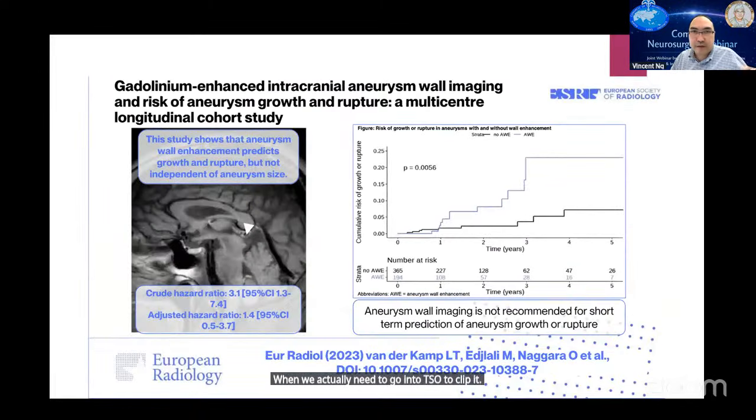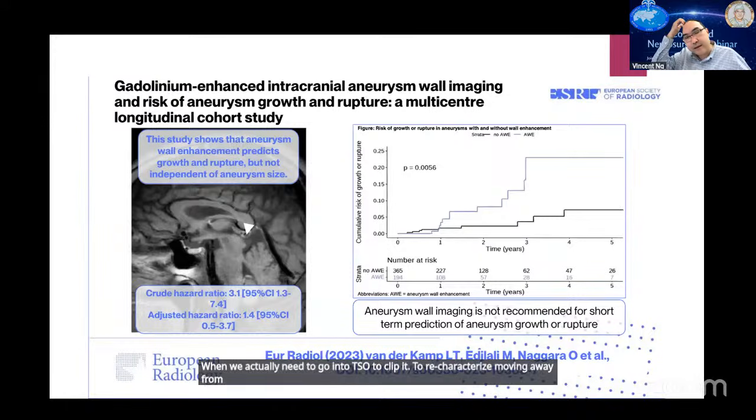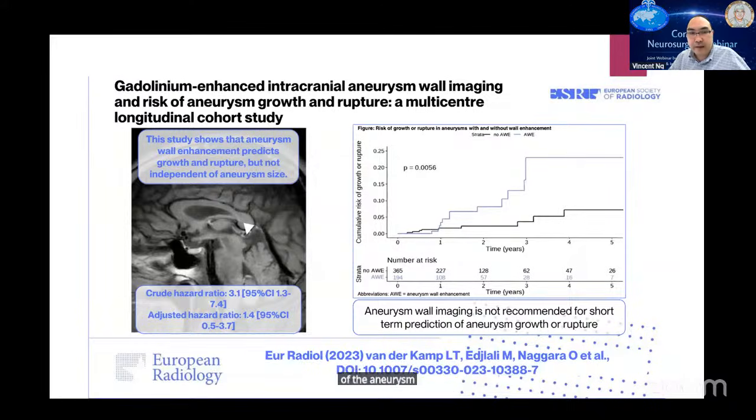Moving away from CFD itself, one of the more modern ways of looking at the aneurysm is to see whether gadolinium enhancement of the aneurysm wall can give you an additional element for deciding whether you should or should not treat the aneurysm.